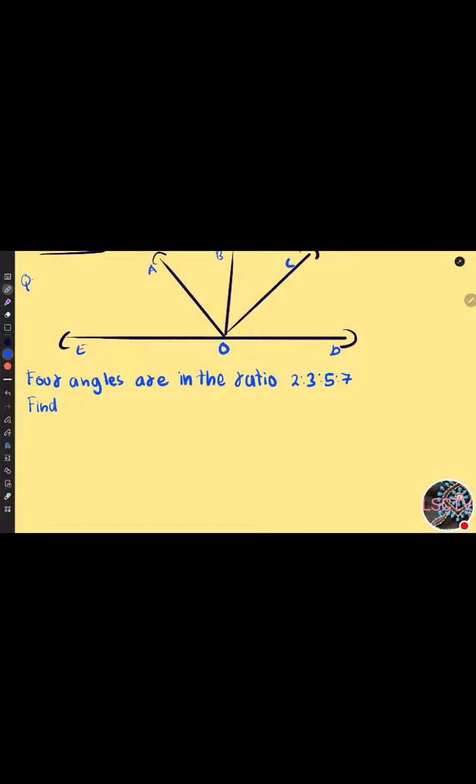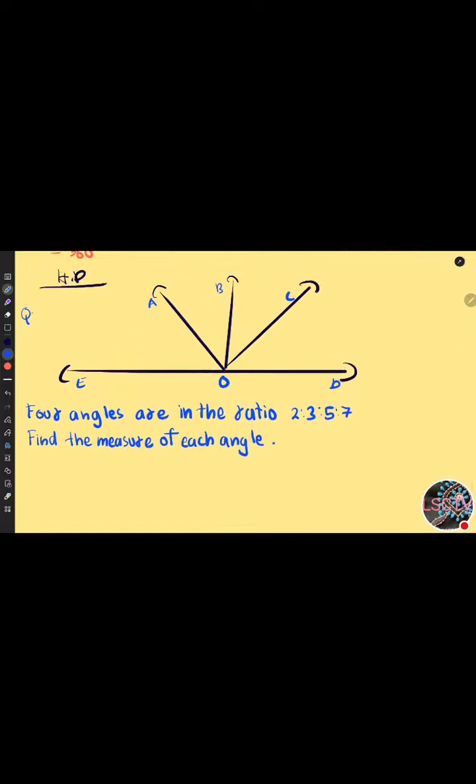Find the measure of each angle. Okay, got it.